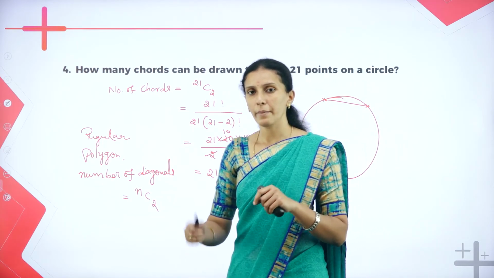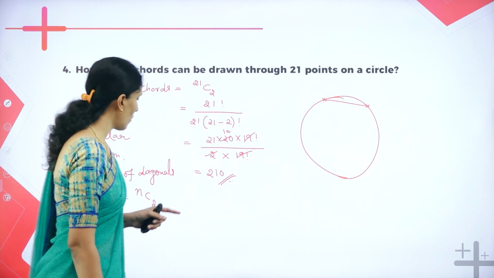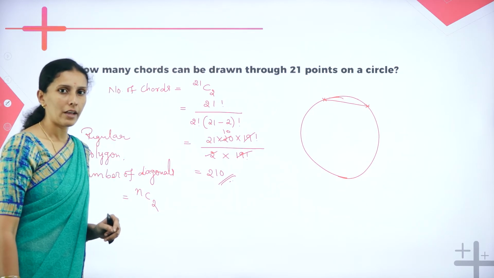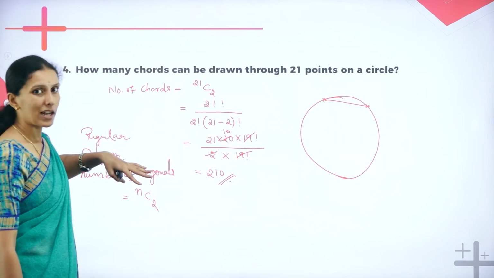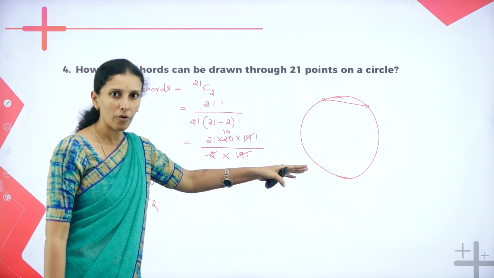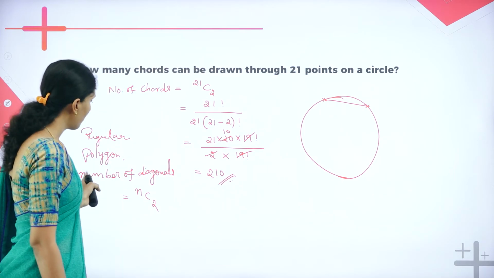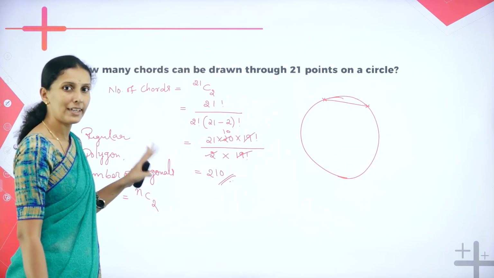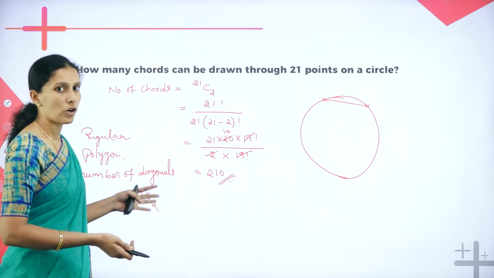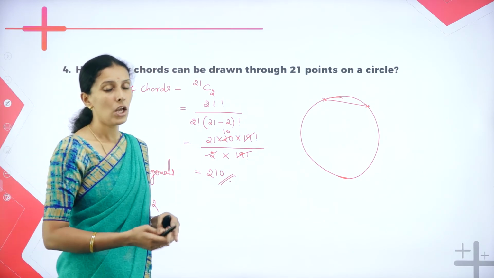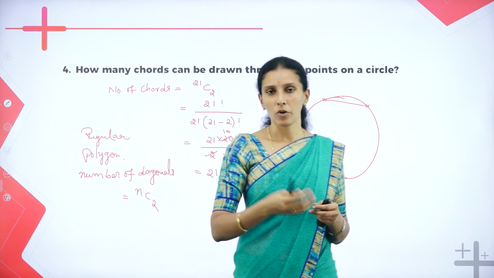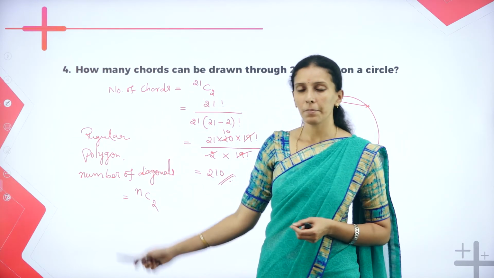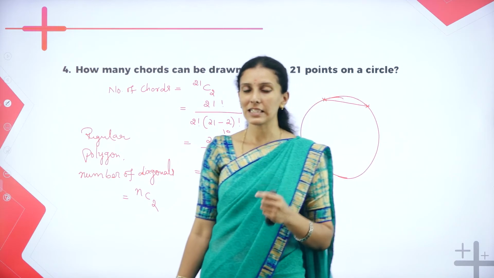You can verify by constructing also. For a hexagon, it becomes 6C2. For a decagon, it becomes 10C2. So it is the same: constructing a chord with a given number of points inside the circle, and drawing diagonals in a polygon, are one and the same, because a diagonal is nothing but a straight line which requires only 2 points. Any polygon has n points, so it can be replaced with the formula nC2.